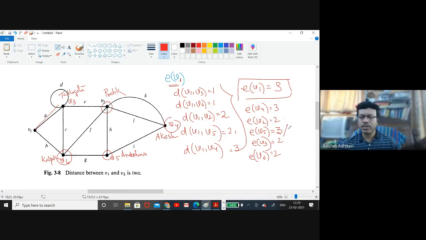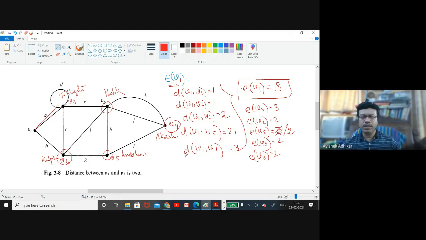Anubhav, have you checked? So just try to check. The distance between this vertex is 1, this vertex is 2, this vertex is also 2, this vertex is 1, and this vertex is 1. So yes, it's 2. It's not 3.